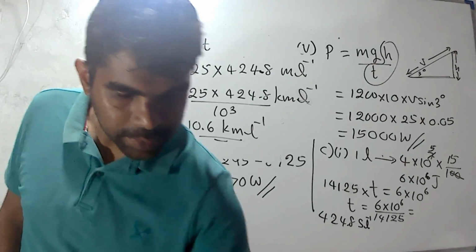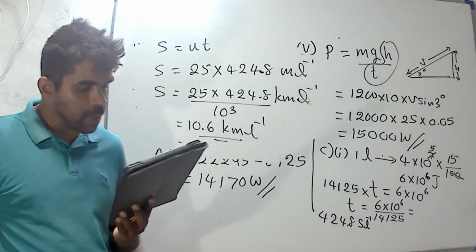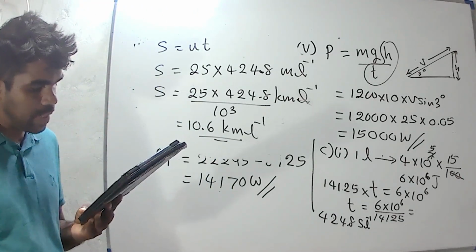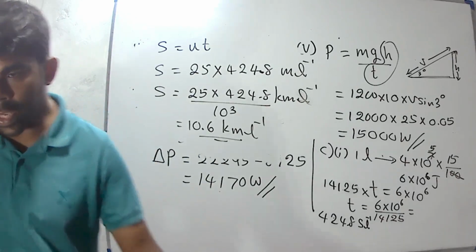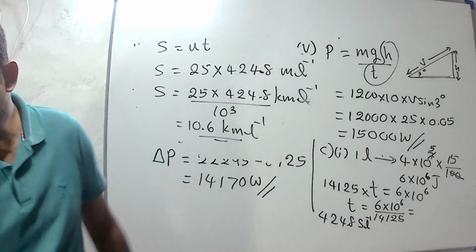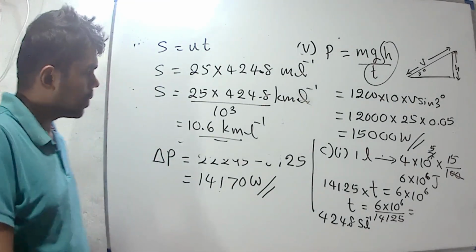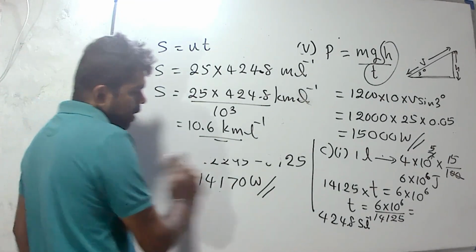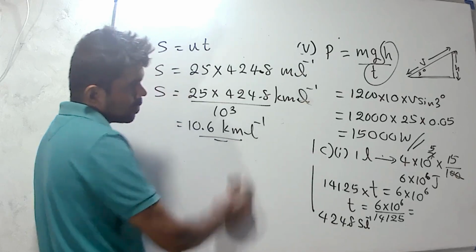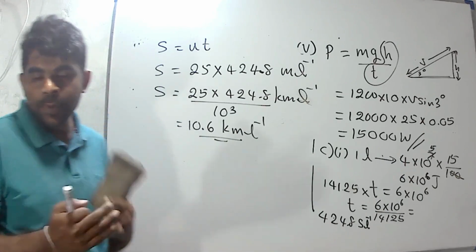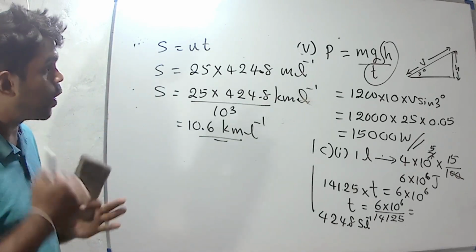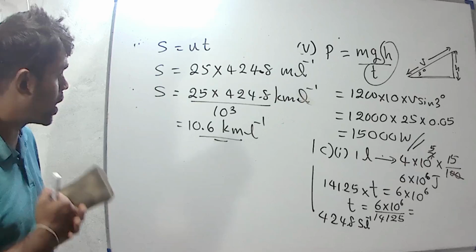Then the second one, when it is moving in the opposite direction to a wind at constant speed 36, 36 means 10 meters per second. When moving the vehicle against a wind, we have to consider the relative velocity of the wind relative to the vehicle.